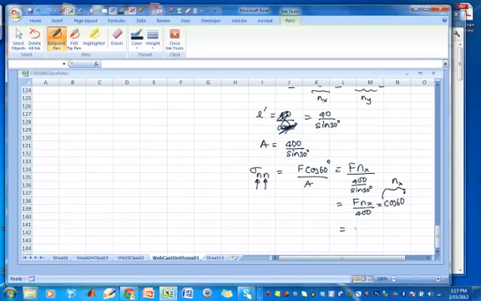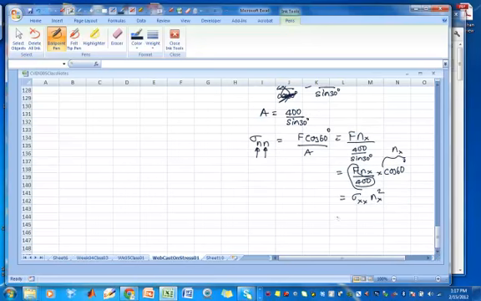That is F over A, sigma xx, that's F over A times nx squared. And in fact, this is what the book reports. This is sigma xx cos squared theta. Cos squared 60 degrees, which is the angle that the normal makes with the horizontal direction.